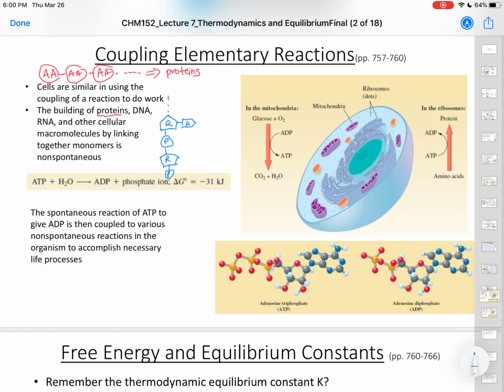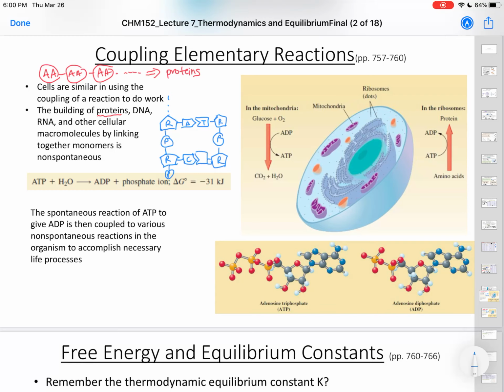And connected to each of these ribose is a base pair, right? So if you've got DNA, you've got your A connected to your T. This is your base pair. And then you've got another ribose. This is a very, very general sketch. And then phosphate, and then ribose, and so on and so forth.